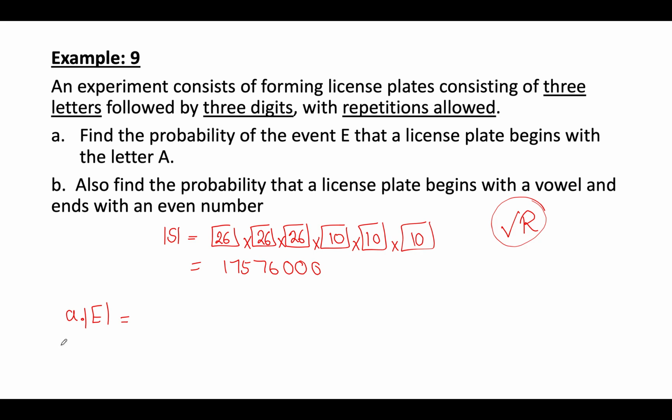Now E is the event that the license plate begins with the letter A. So the first letter of this license plate should be A. Here I've got only one letter to fill the first place. Then I can fill with any of 26 letters, any of 26 letters, any digit, any digit, and any digit.